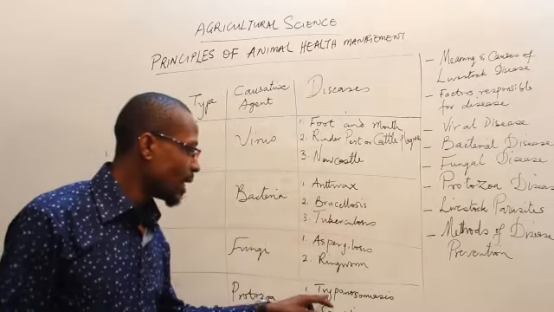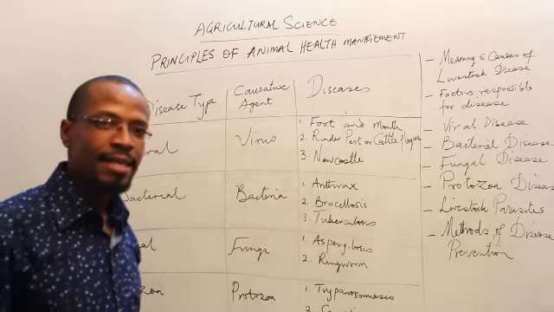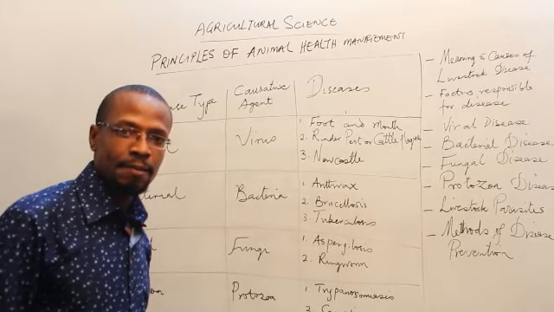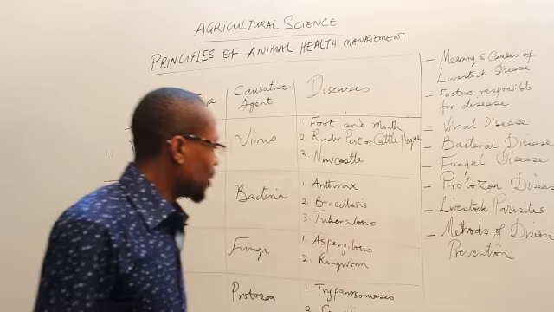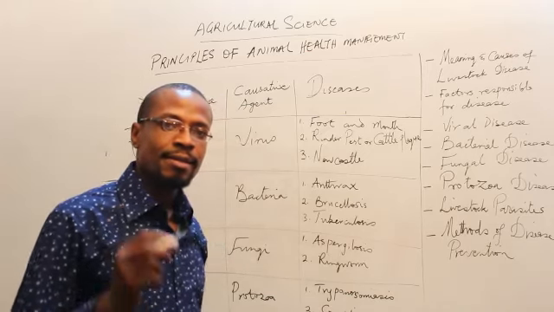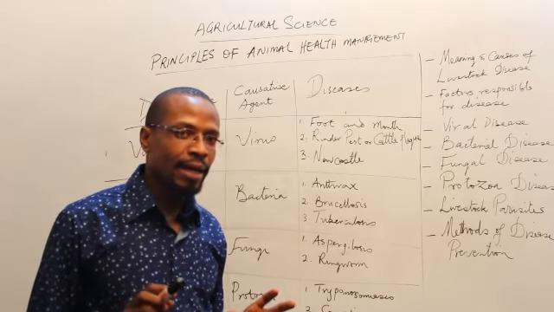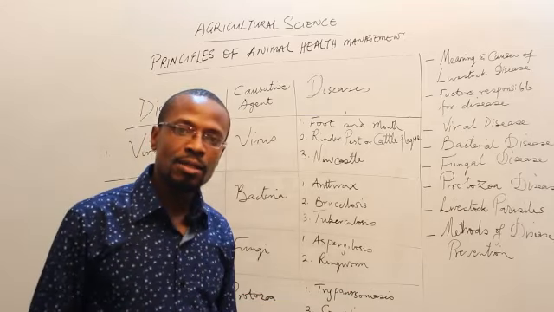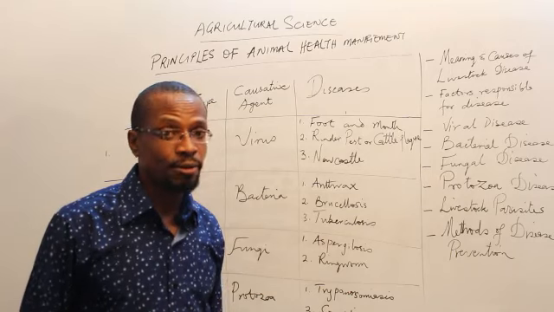These are protozoan diseases. Trypanosomiasis is caused by the tsetse fly, and it's basically a disease of cattle.